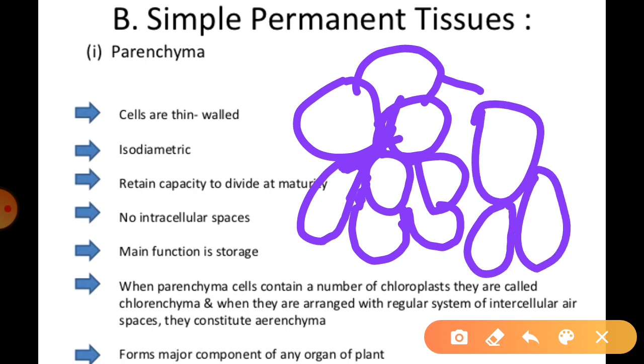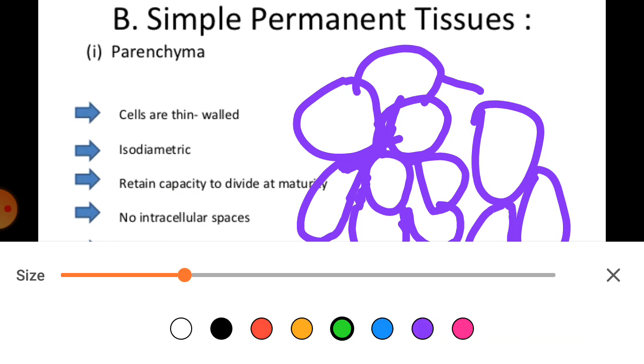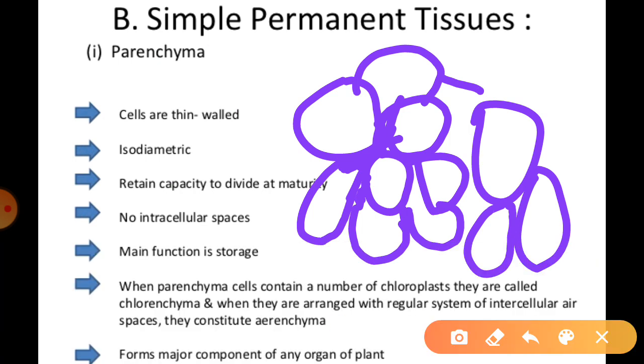The space shown with the help of this greenish color is not intercellular, because this is a cell, this is a cell, and between them a very minute, generally negligible, or you can say no intercellular space is found. So that's why they are completely and compactly packed to each other.